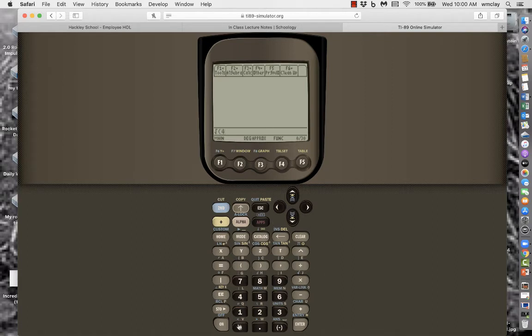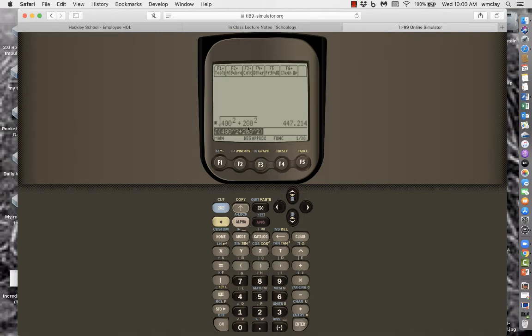Then I'll type 400. On the 89, it doesn't have an actual x squared button. So to square something, you hit the caret and 2. That'll square it. Then you can do plus 200 caret 2. And make sure you close that parenthesis at the end and hit enter.